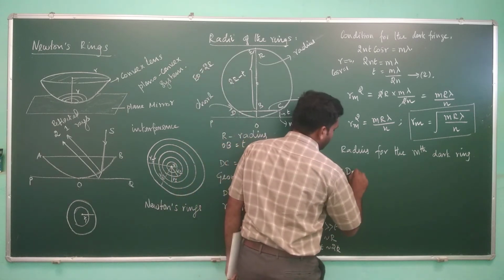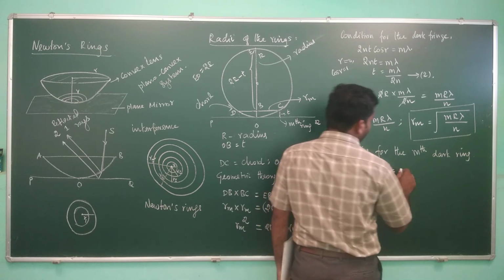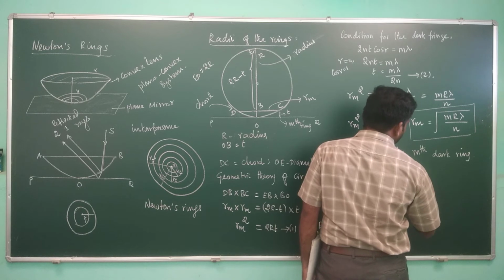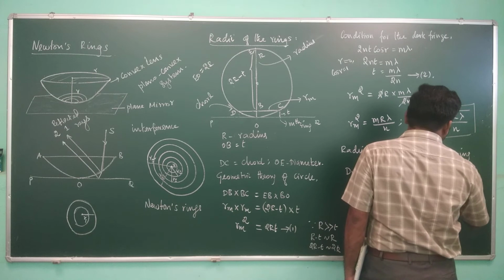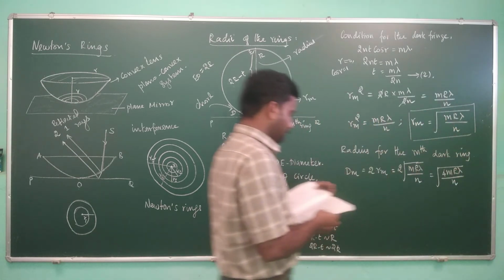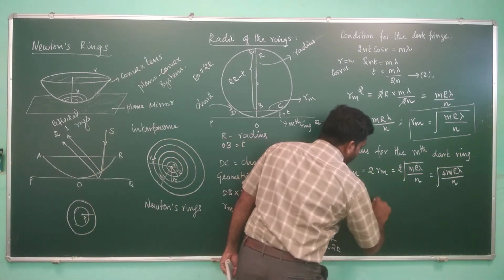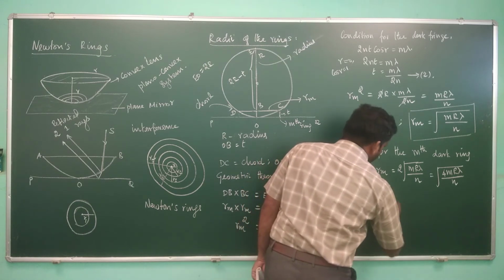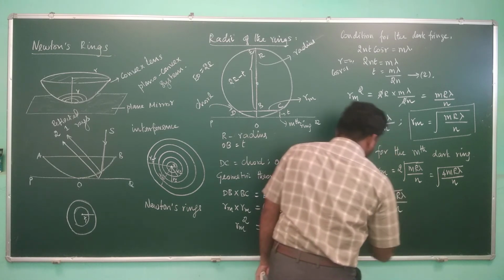So the diameter of the mth ring is nothing but 2 times Rm, which is equal to 2 square root of m R lambda by n, or you can write square root of 4 m R lambda by n.